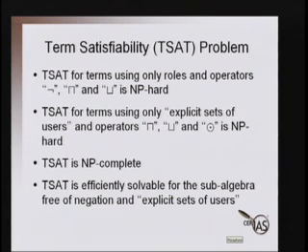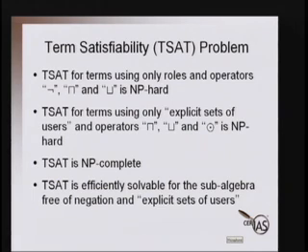We have studied the computational complexity of both problems, and we show that the term satisfiability problem is NP-hard even if the term uses only roles and three operators, which are negation, square cap, and square cup.